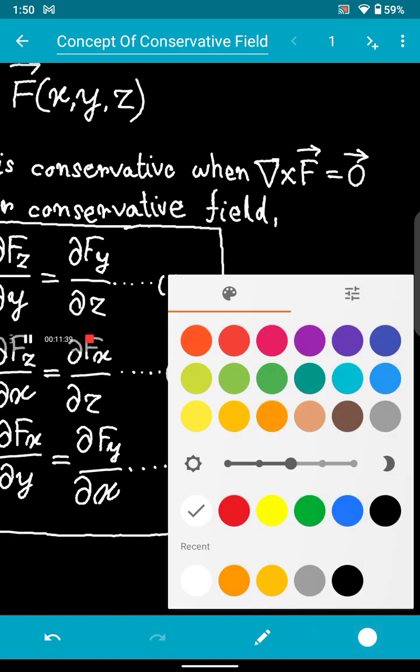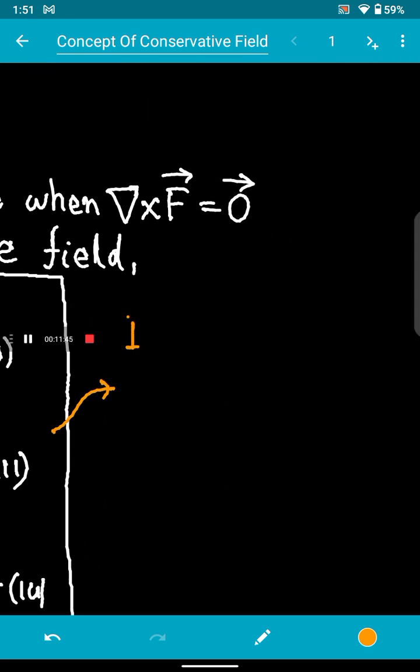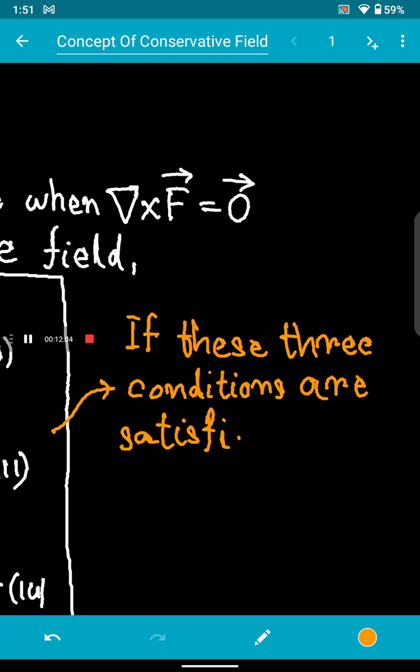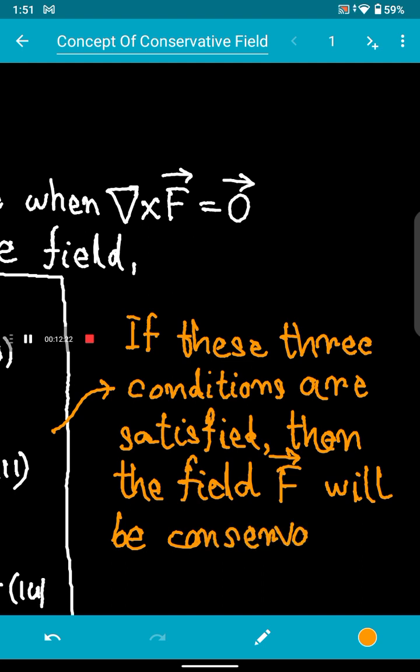Now let me write the conclusion for your convenience. If these three conditions are satisfied, then the field F will be conservative.